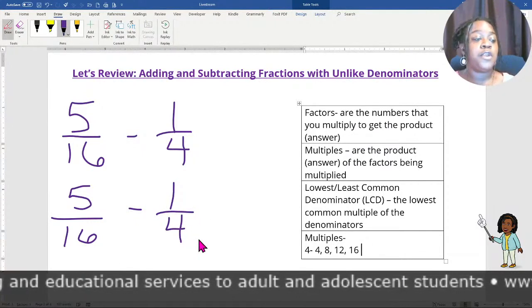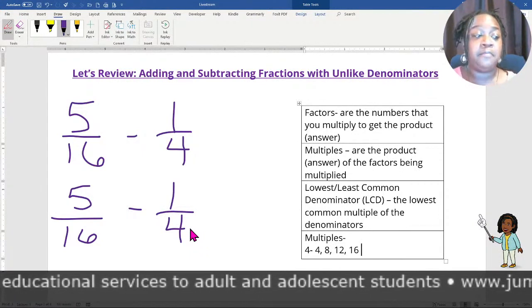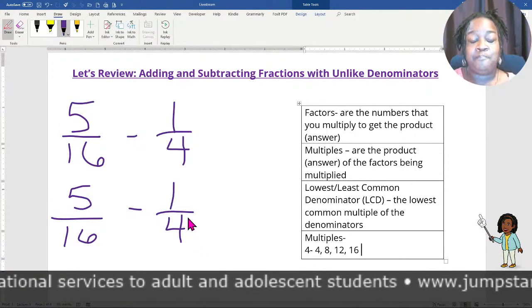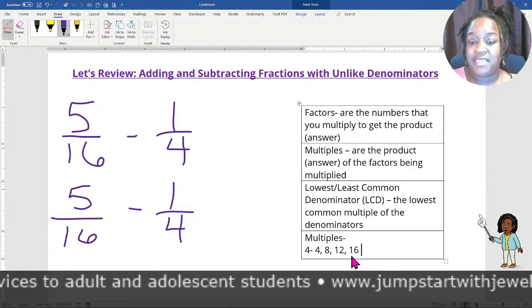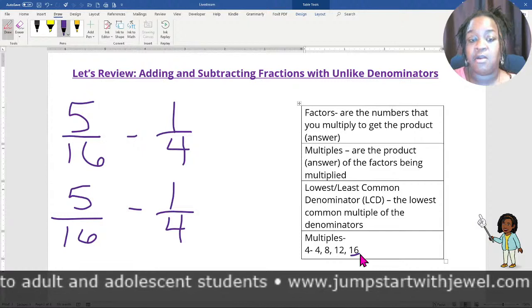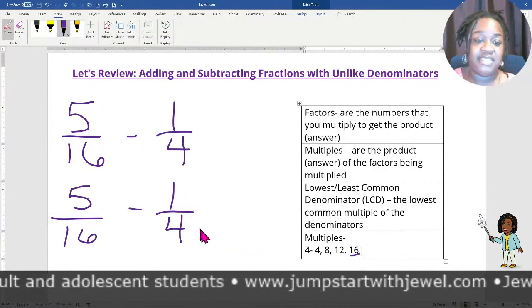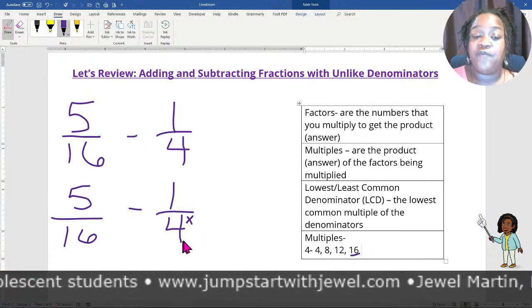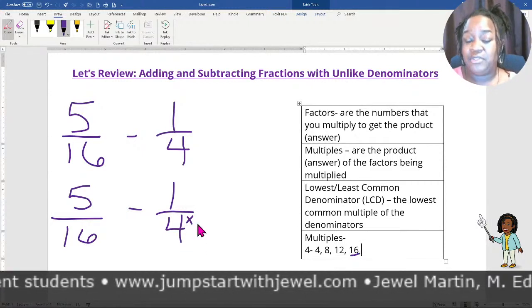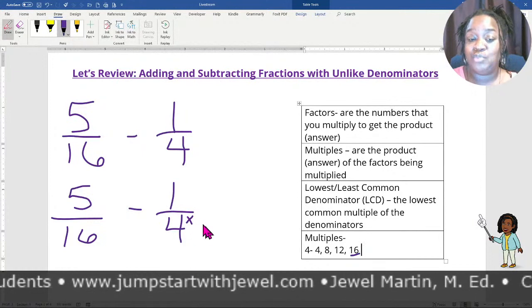And again, when we're converting fractions, you have to multiply the denominator by the factor in order to make it 16. So we already said our LCD is going to be 16. So we have to multiply 4 by the factor that will turn this into 16.